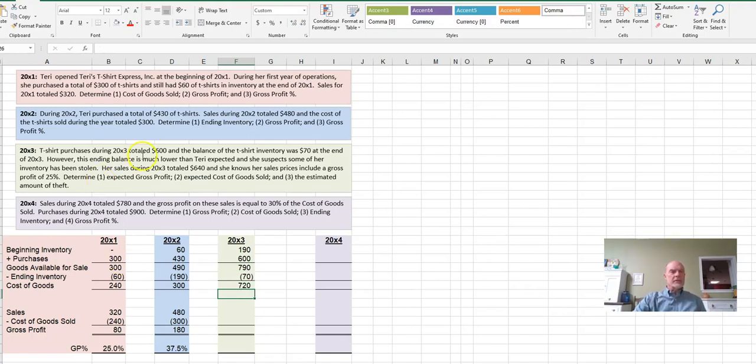So, it says this ending balance is lower than Terry expected, and she suspects some of her inventory has been stolen. Well, let's see. How would we figure that out? Her sales during 20X3 totaled 640. Okay, so let's put in the sales here, 640.